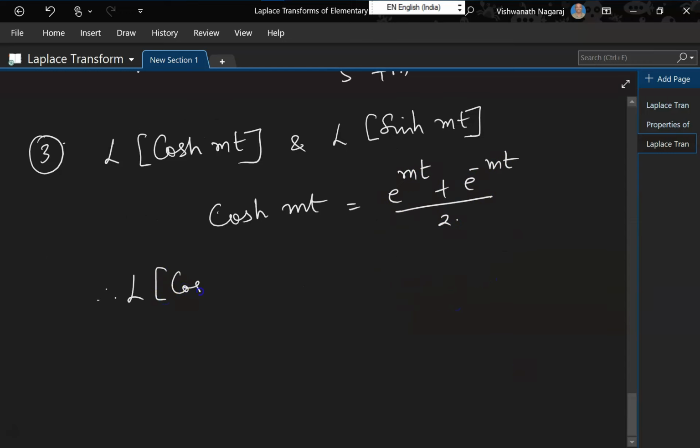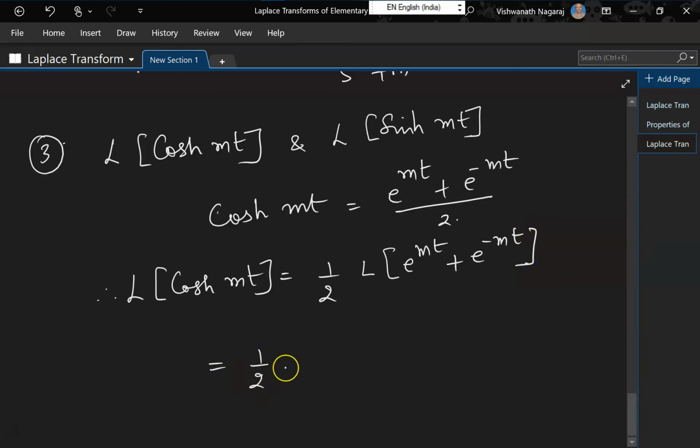Laplace transform of cosh mt is equal to the Laplace transform of, remember 2 is a constant, so we can take it out. So we can write it as 1 by 2 Laplace transform of e to the power of mt plus e to the power of minus mt. And remember, we can split it. So 1 by 2 Laplace transform of e to the power of mt plus half of the Laplace transform of e to the power of minus mt.